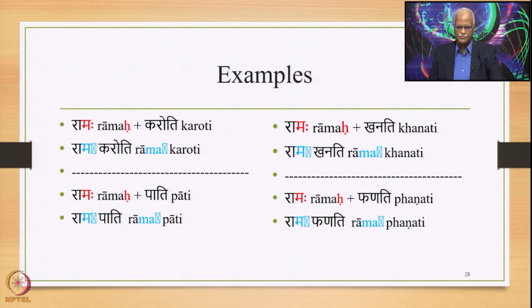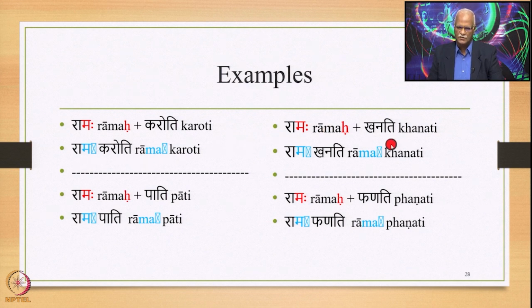Here are the examples. These are the examples that were marked in a different color earlier. So Ramaha plus Karoti, where you have a Visarga followed by Ka, and so now this Visarga gets substituted by a Jivhamuliya, so we have Ramah Karoti.